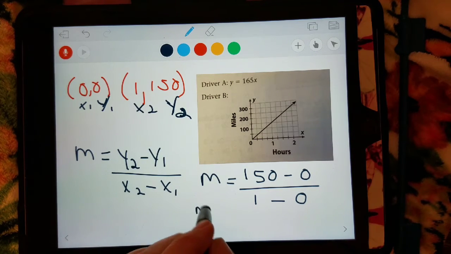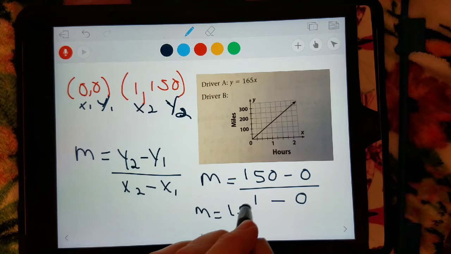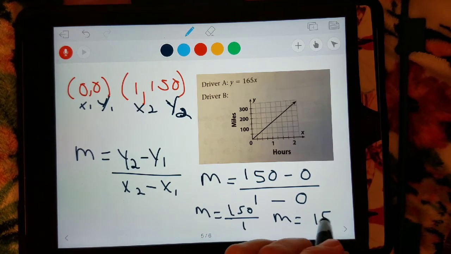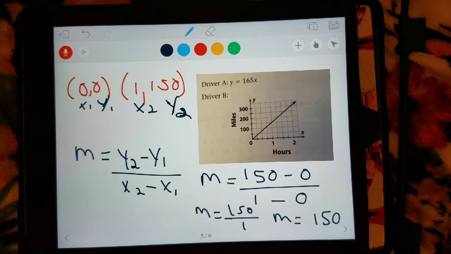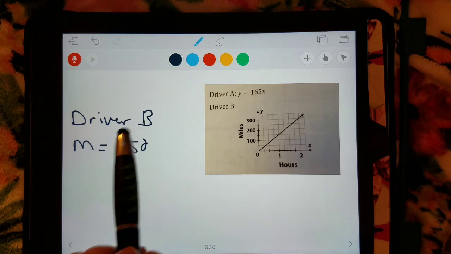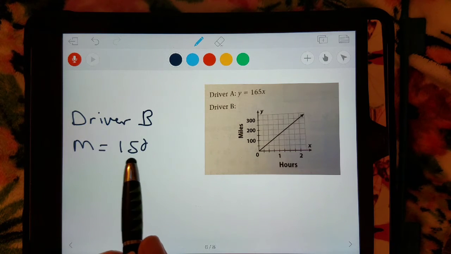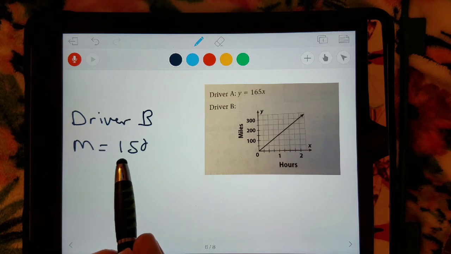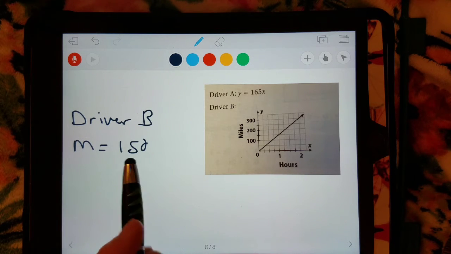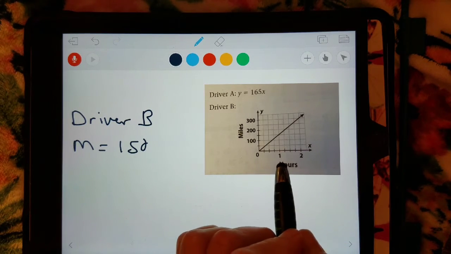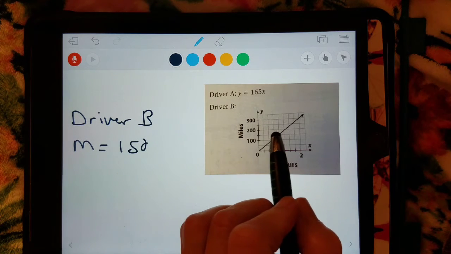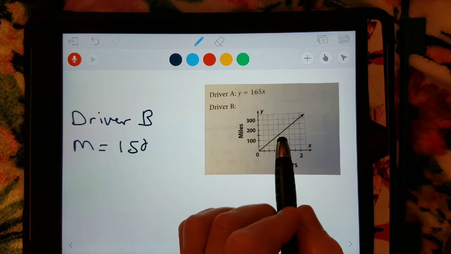So m equals 150 over 1. So m equals 150. Okay, so for driver B the slope is 150, so he is going 150 miles per hour, because if you look right here, for 1 hour, he's going 150 miles.